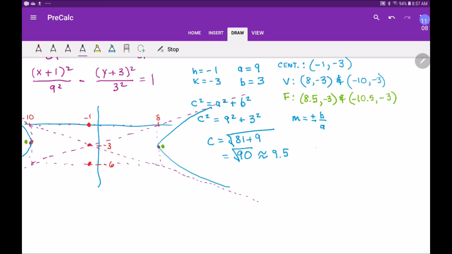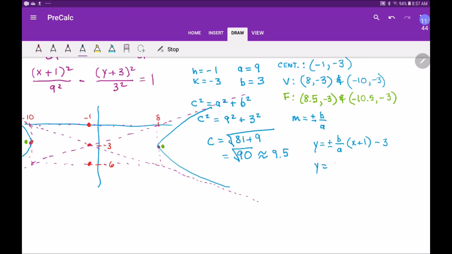So if you remember this, the formula is going to be positive and negative, one time one way, one time the other way, times x minus h, so x plus 1, and then plus k. Okay, so k is -3, so I should have said -3. And then, of course, as I plug in b and a, I'll go ahead and do it. If I've gone this far, why not?